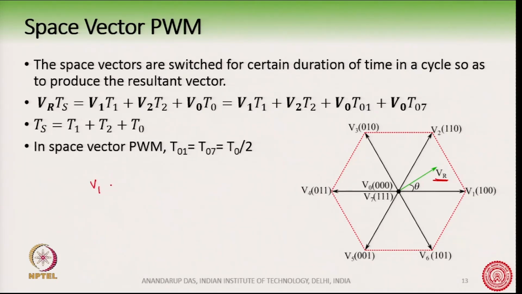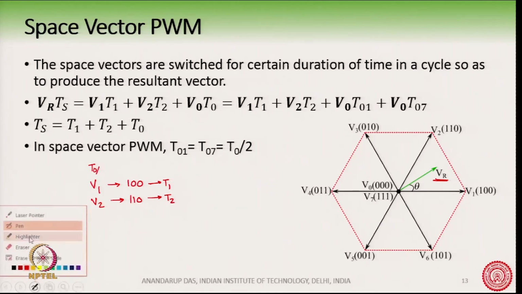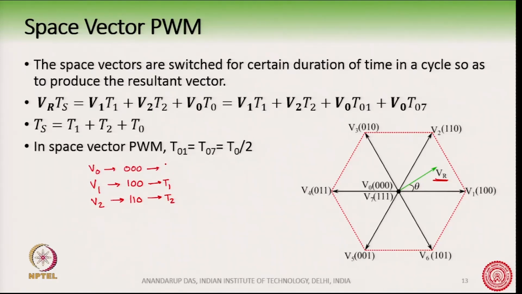In this example, Vr is the reference vector you want to produce, and you will switch V1, that is the space vector 1 0 0, for T1 duration of time, and then you will switch V2, which has a switching combination of 1 1 0, for T2 time, and you will also switch the V0 vector, for example the 0 0 0 combination, for T0 by 2 time, and the V7 vector having a switching combination of 1 1 1 for T0 by 2 time.